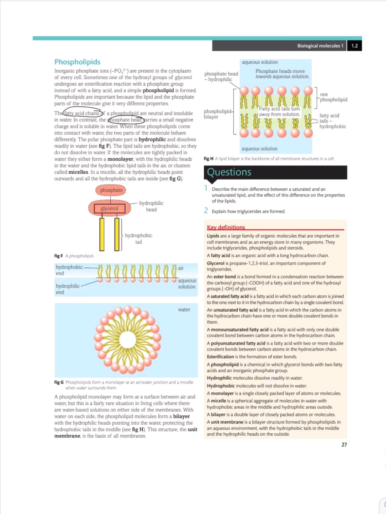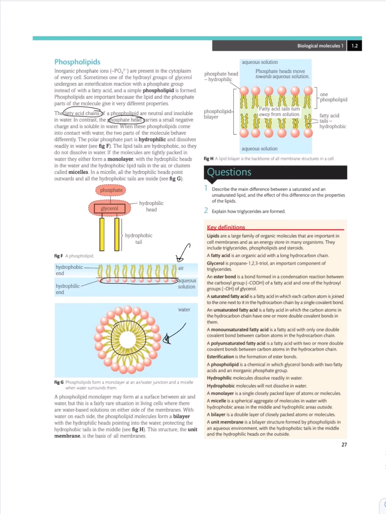In a micelle, all the hydrophilic heads point outwards and the hydrophobic tails are inside. Okay, so this is a micelle. So the tails cluster together so they won't have to touch the water, whereas in a monolayer, all the heads are in the water and the tails will be out in the air.